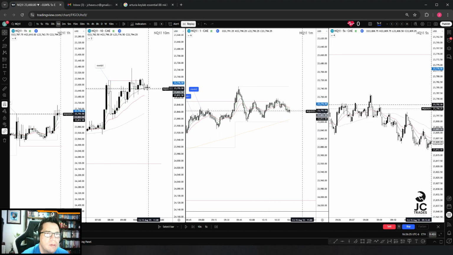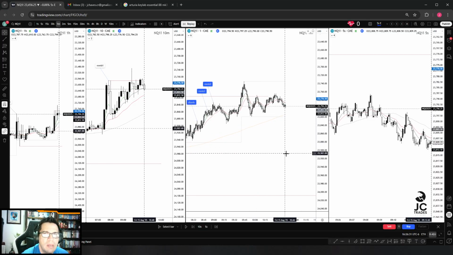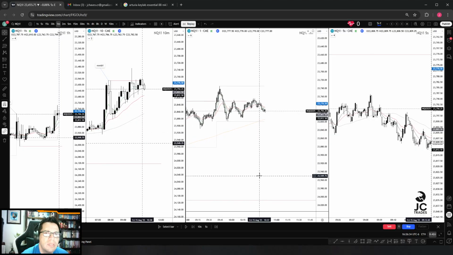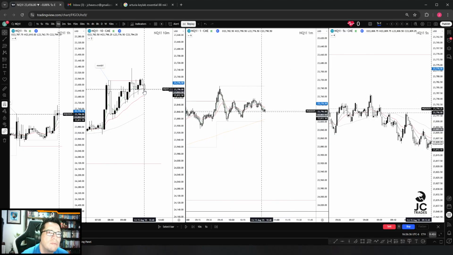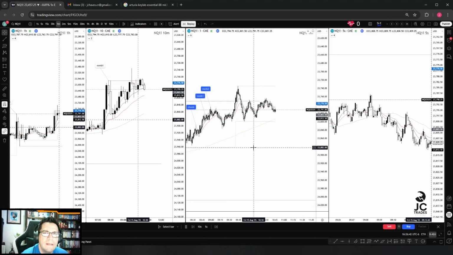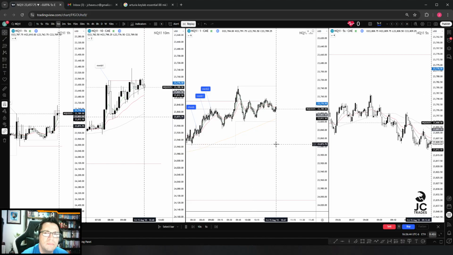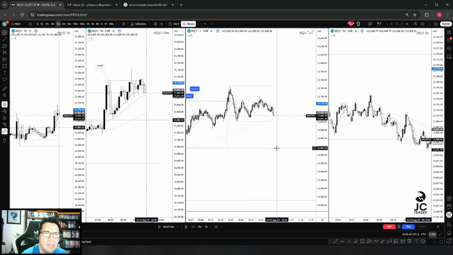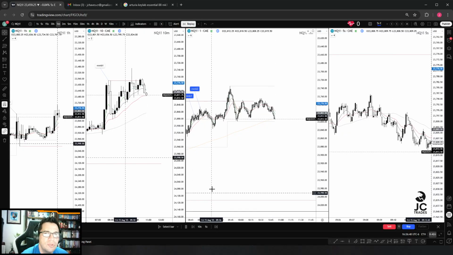So we could see some deeper flush here into the 20 before we can see a new move into the downside or a reaction from this area, but we have to wait to see price giving us some clear indication of what it wants to do.